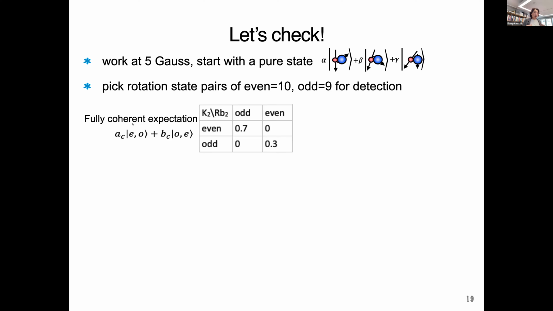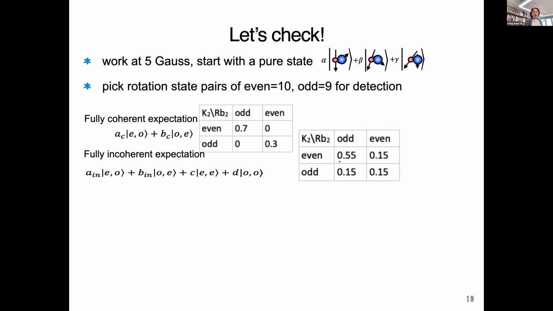And then we calculate the expectation of what we will see in the fully coherent case: 0.7 and 0.3 for the even-odd and odd-even case, and even-even and odd-odd will be 0. And for the fully incoherent case, we had these possibilities.